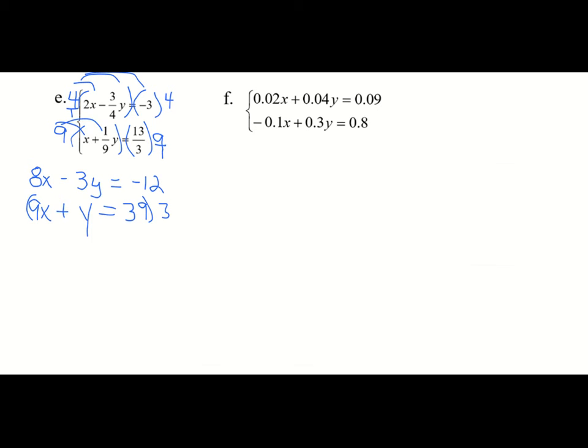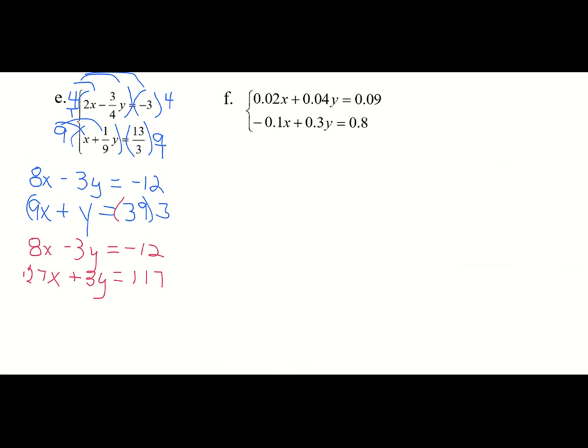So I'm going to rewrite my 8x minus 3y equals negative 12. And then when I multiply this bottom equation by 3, 9x times 3 will give me 27x plus 3 times y is 3y equals, and then 39 times 3 is going to equal 117.